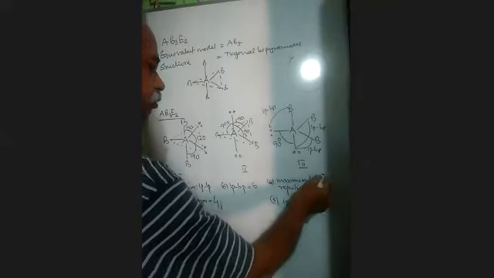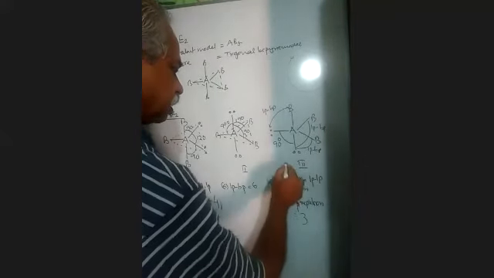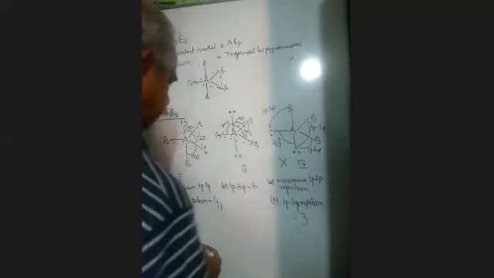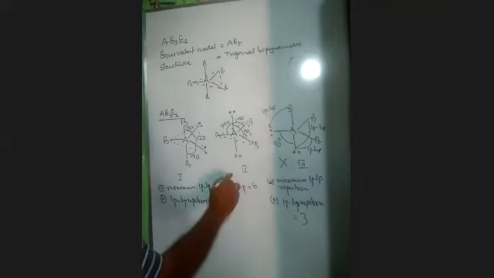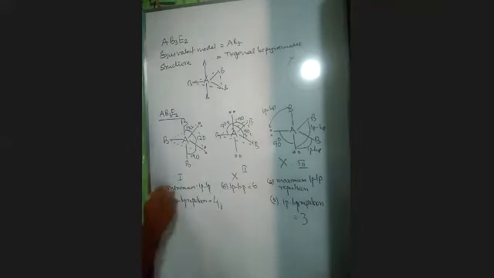This structure is not possible. If I compare with this and this, which has more repulsion, I cancel it. So this is the structure that you have adopted.